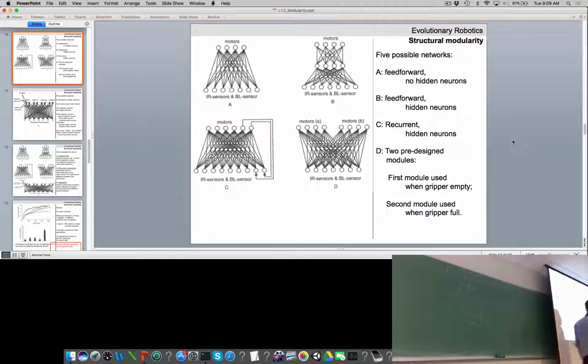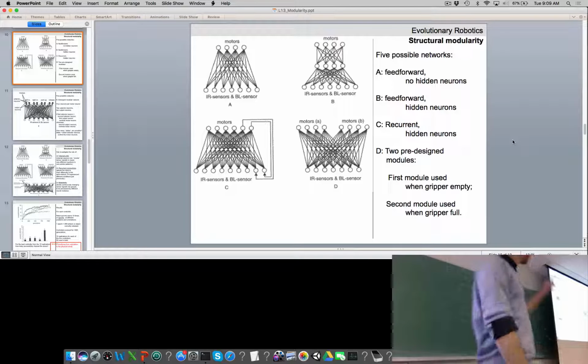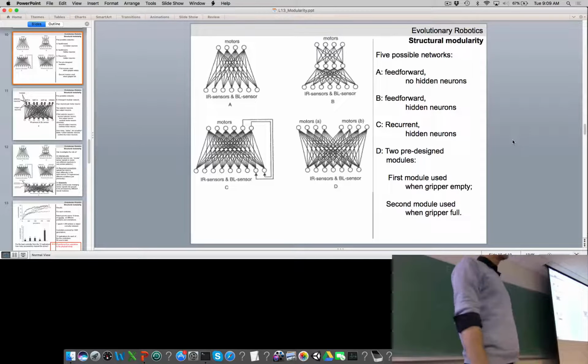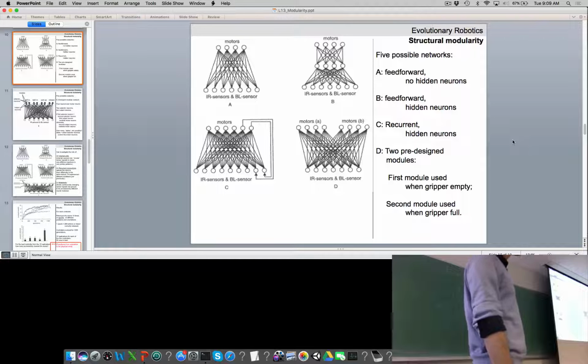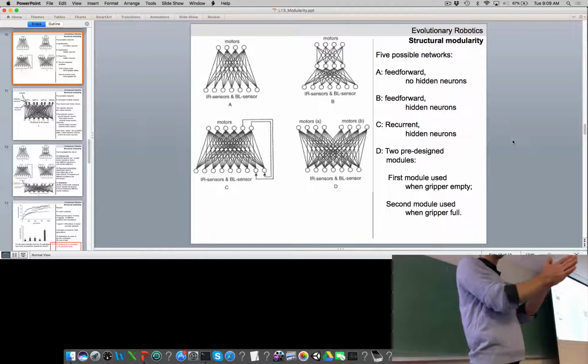What does this mean? This means that a robot that's equipped with network D, at every time step, sensor values are arriving at the 7 sensor neurons. But which of the 2 modules is allowed to control the 4 motors is dictated by the 7th sensor neuron, which is whether the robot is holding a sugar cube or not.